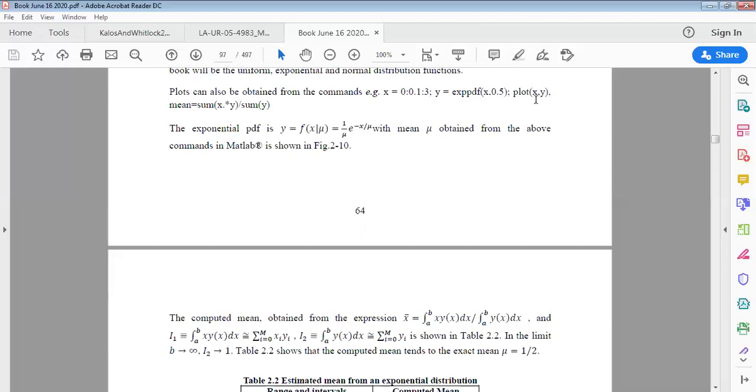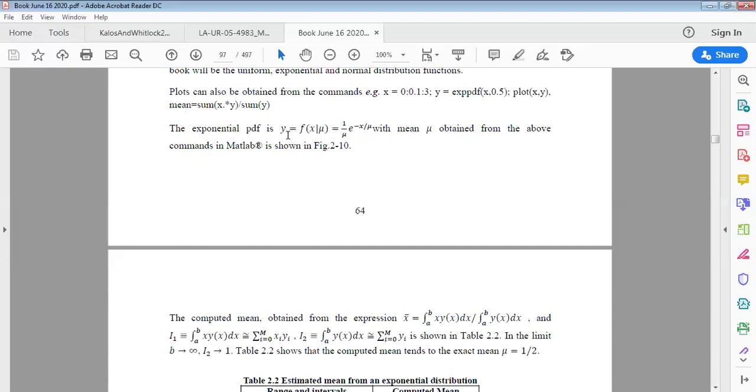You can plot it. You can get the sum. You can get the mean value, and so the mean value of the variable x you can get as the integral of x f of x dx from 0 to infinity divided by the integral of f of x dx between 0 and infinity. So let me show you that over here.